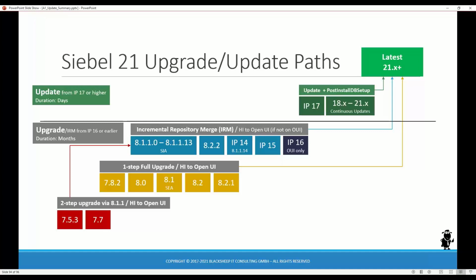But if you're on 17.1, 2, 3, or 18 dot something, 19, 20, 21 dot something, the update should not take longer than a few days. I think. I've done several by now, and it was done in a few hours even, or days if you wish, to take everything into account from development, test, and production.